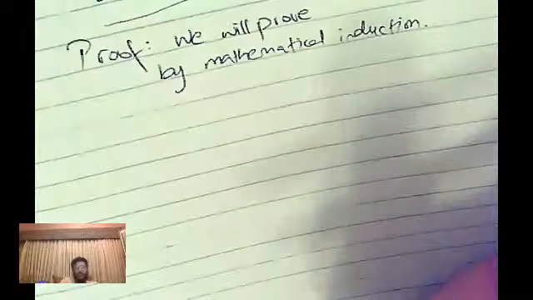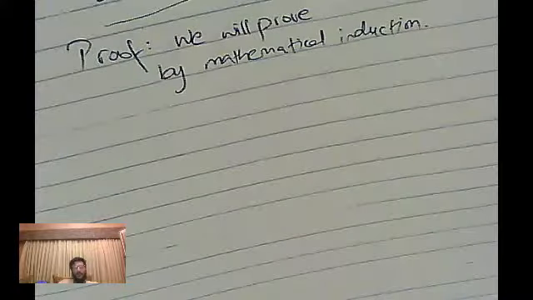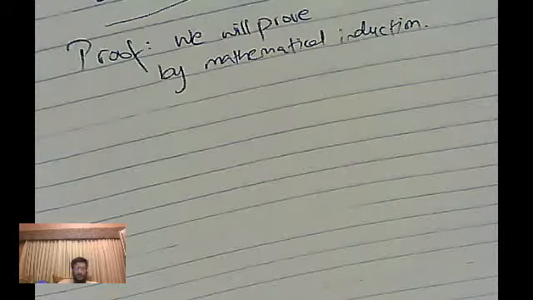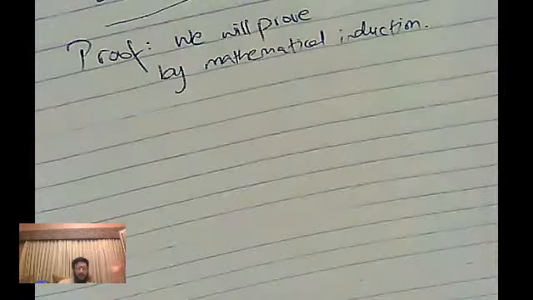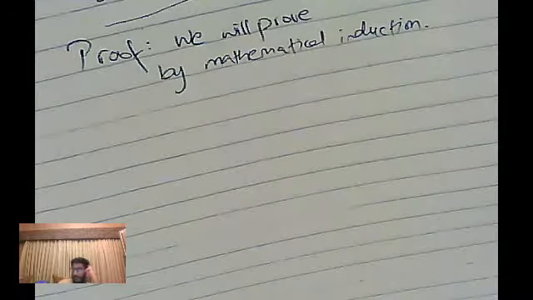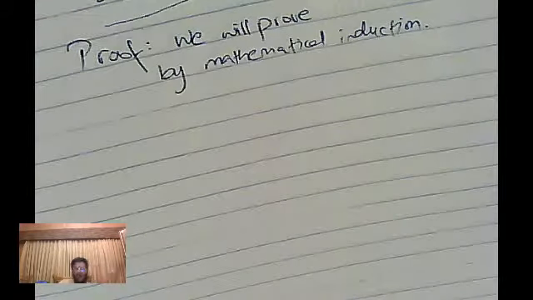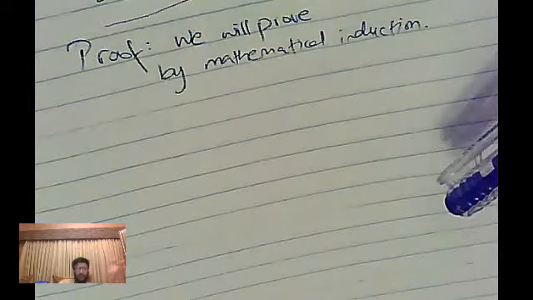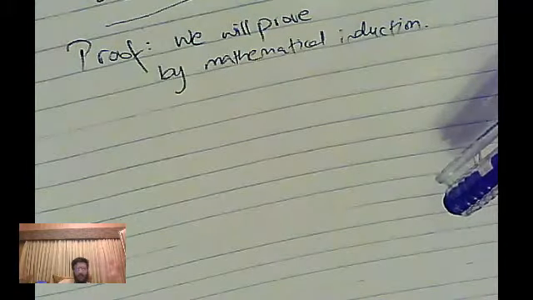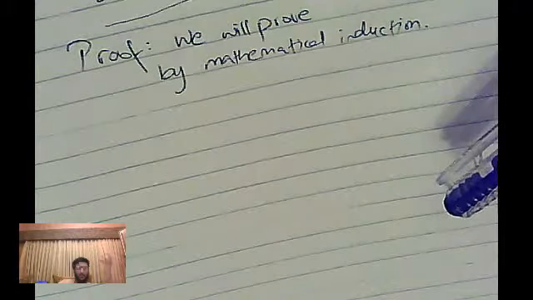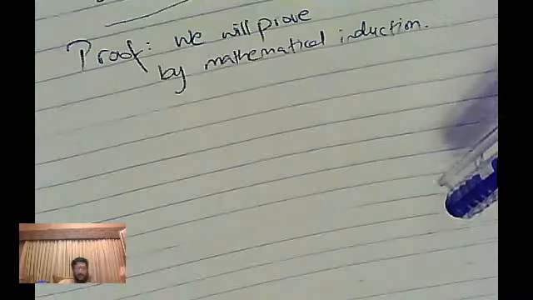Now, mathematical induction, as we already know, has three steps. The first step is that we set n equals some random natural number. Since n belongs to the set of natural numbers, we can set any number. We have to see if it really holds true for any number.